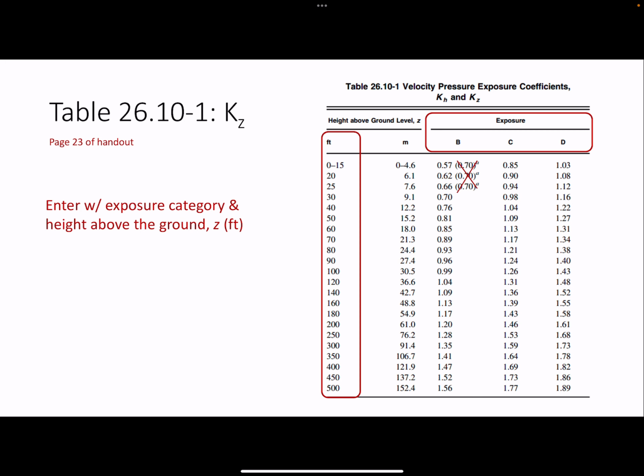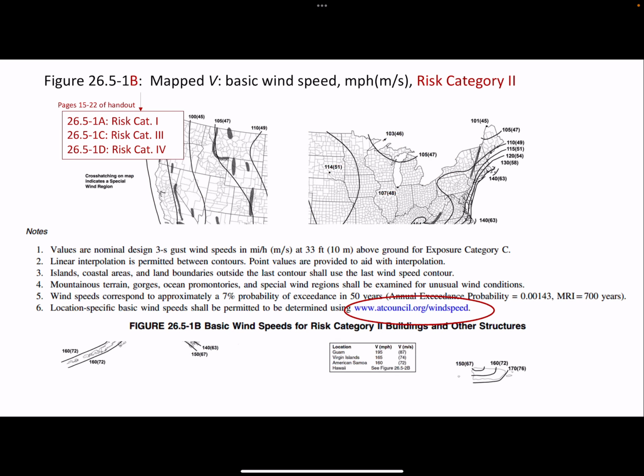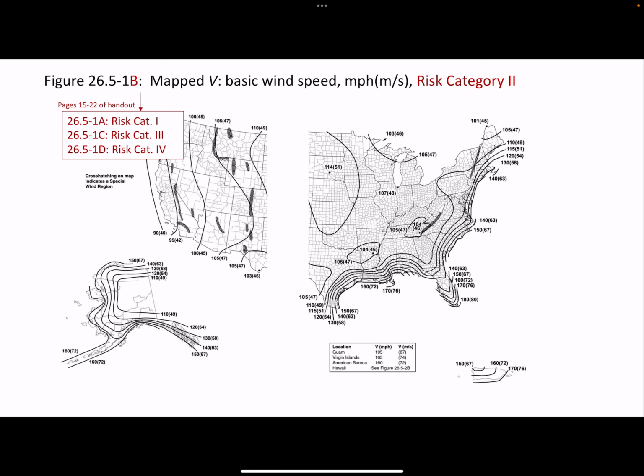Now, one thing that I meant to mention back on the maps: you'll notice when you read them that you have a value and then a value in parentheses. The value in parentheses is just the metric version, so you've got miles per hour and then meters per second in parentheses.